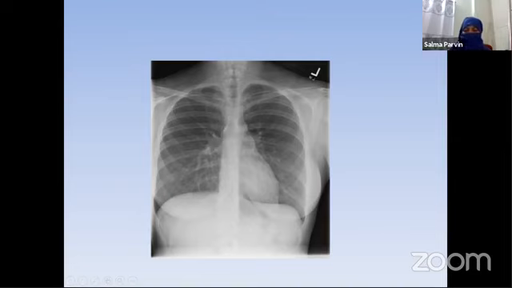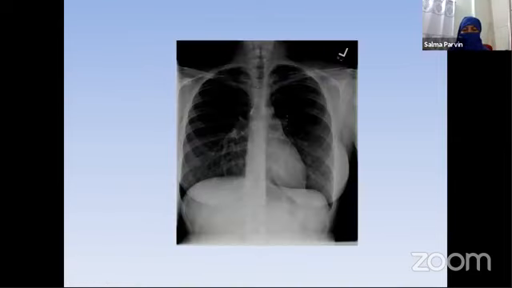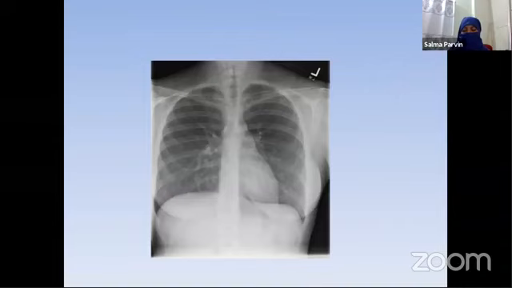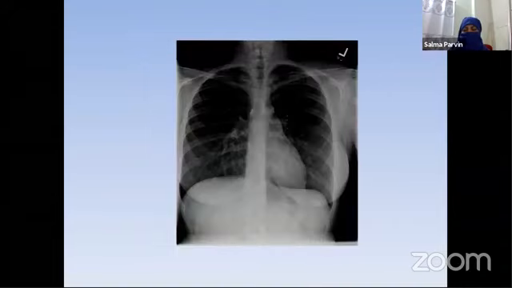And this film, you know, is blacker than usual. Blacker, so this is an overexposed film.